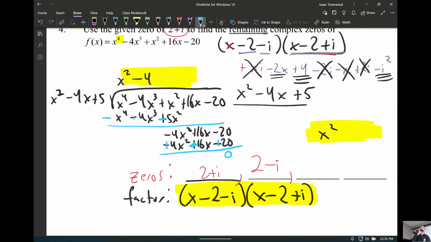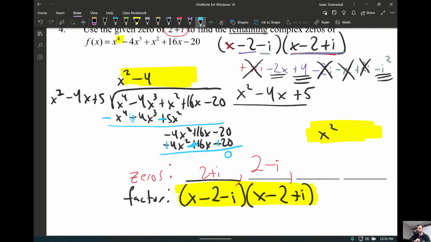Yeah, what you got, Hayden? It's -4. When you change the sign, it's plus 16x. On the next one, down here, this would be 16x and then minus 16x.